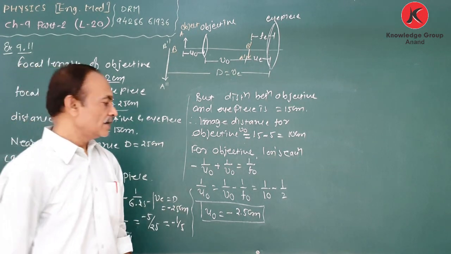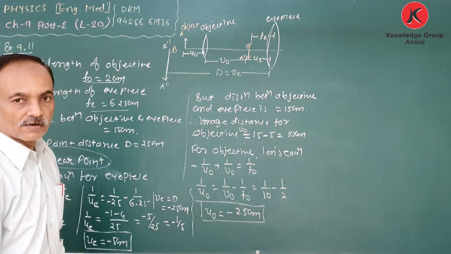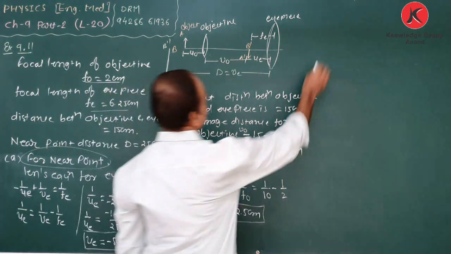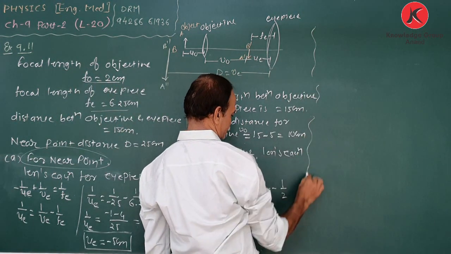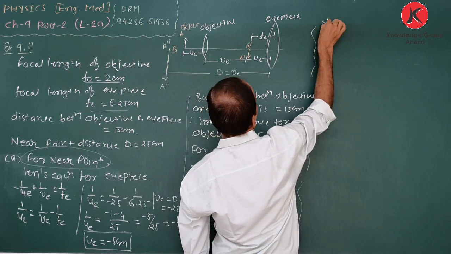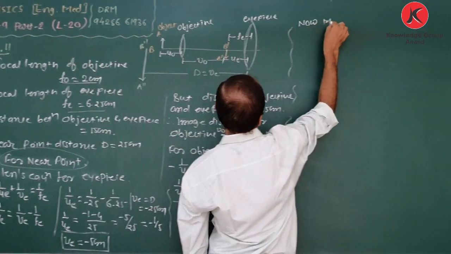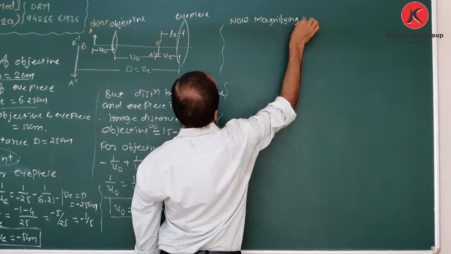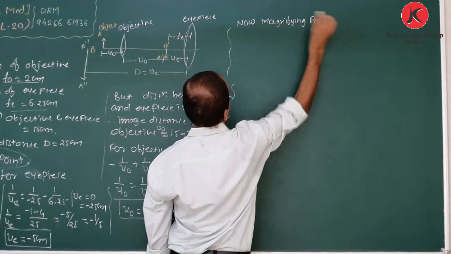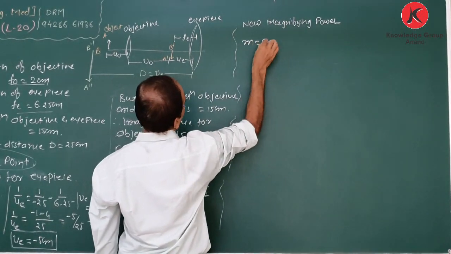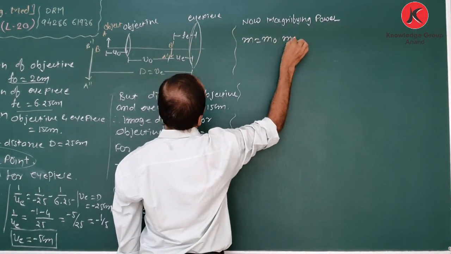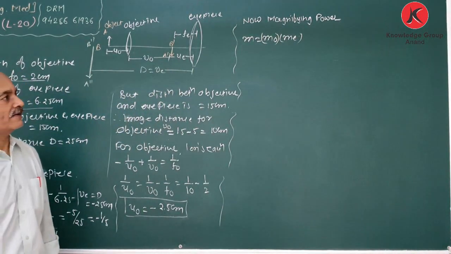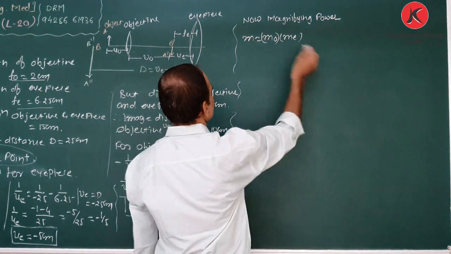Now the magnification of a compound microscope, or the magnifying power, that means the result of magnification, M is equal to M0 into ME. That means the magnification of objective into magnification of eyepiece.